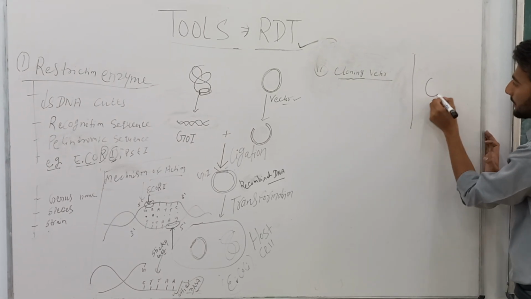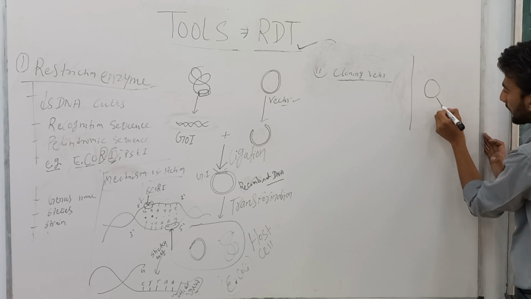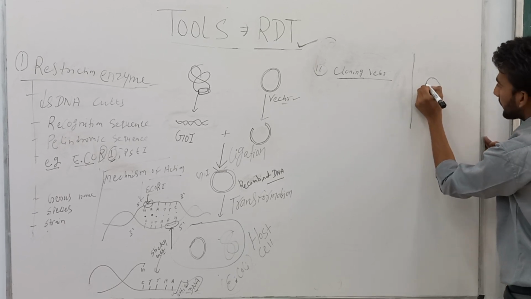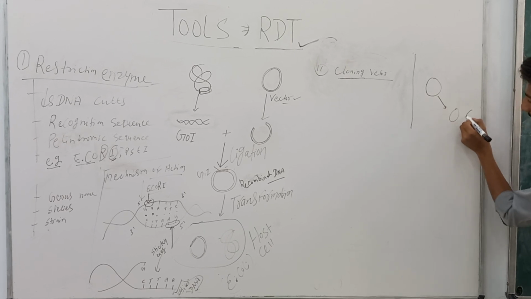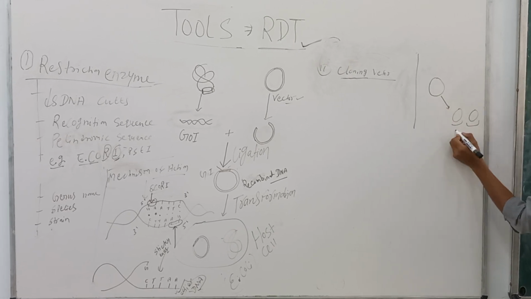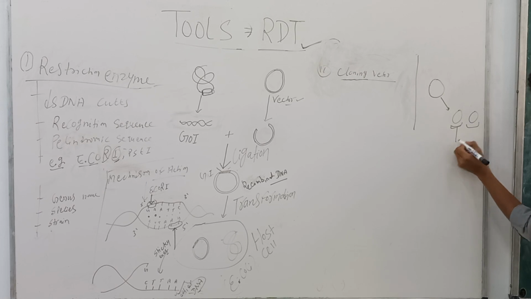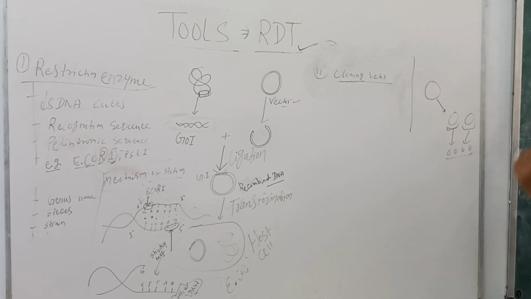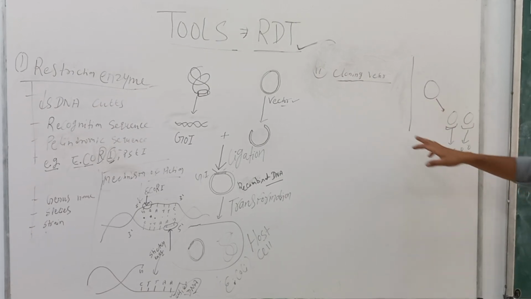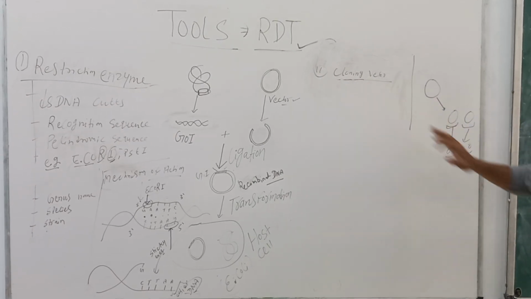Like we have a DNA and it will replicate and make two identical copies, and they will replicate and make four identical copies. This technique we call cloning.